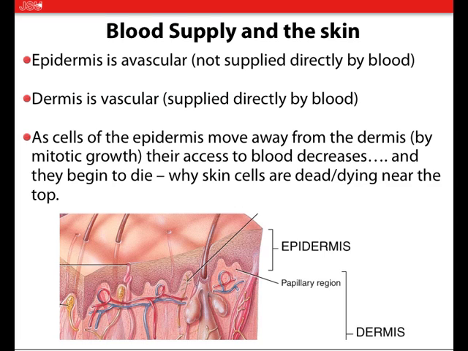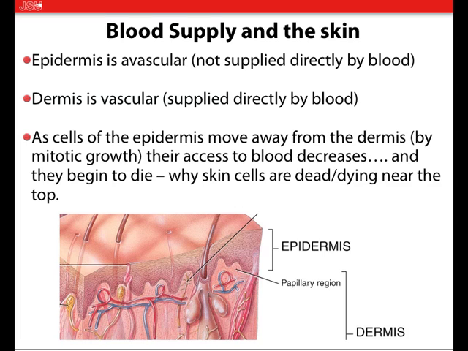What type of skin is this exactly? It's skin. Yeah, a little bit more specific. Epithelial. Exactly. Getting more specific than that, is it simple or stratified? I see a lot of cells there, it can't be simple. Stratified.